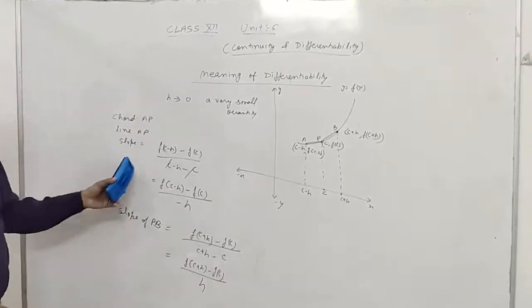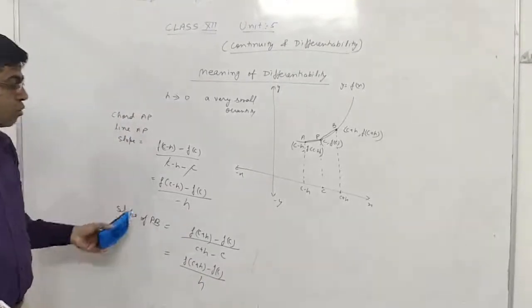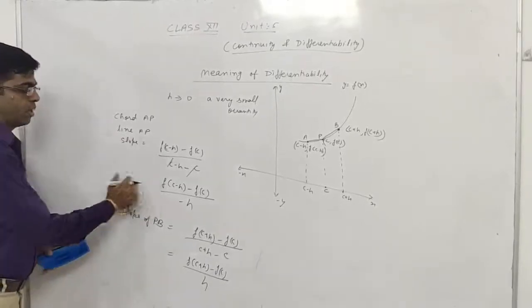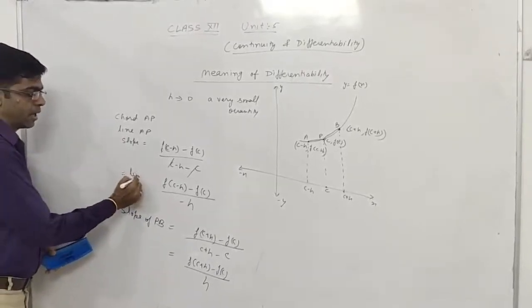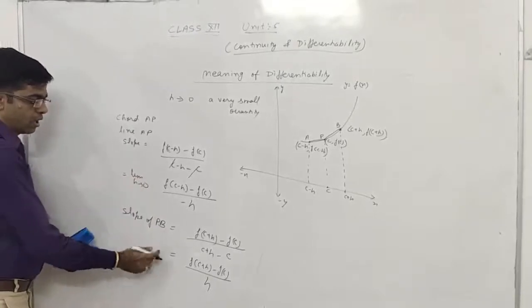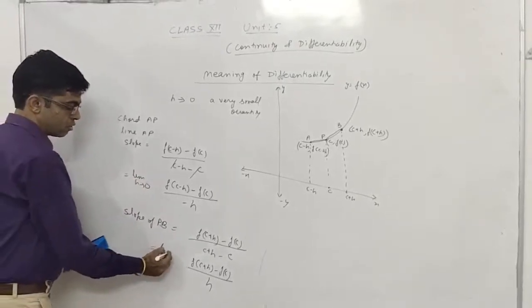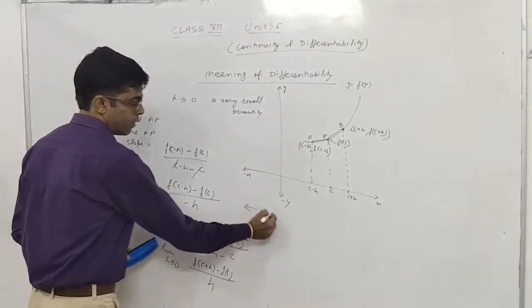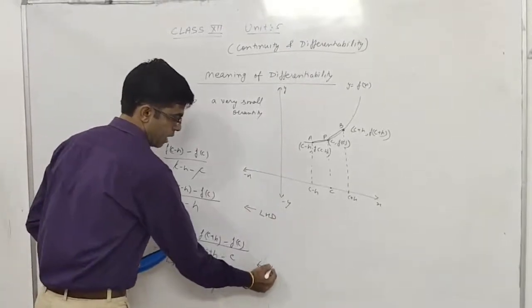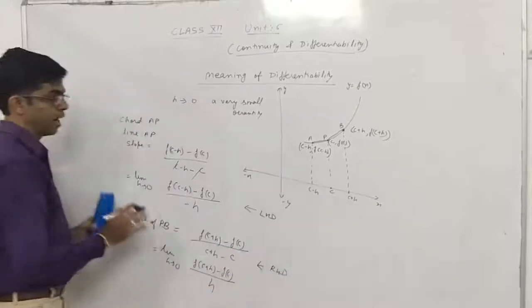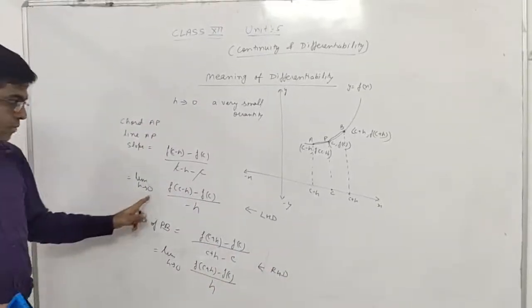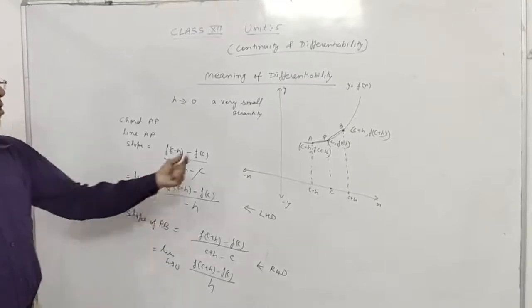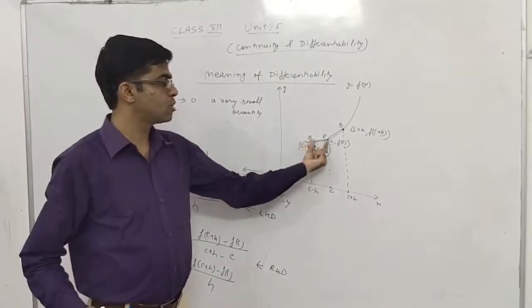Now if you observe these two, if we apply here the limit h tends to 0 and here the limit h tends to 0, this is nothing but the left hand derivative and this is the right hand derivative at point C. Okay, now we have to just reduce the gap.